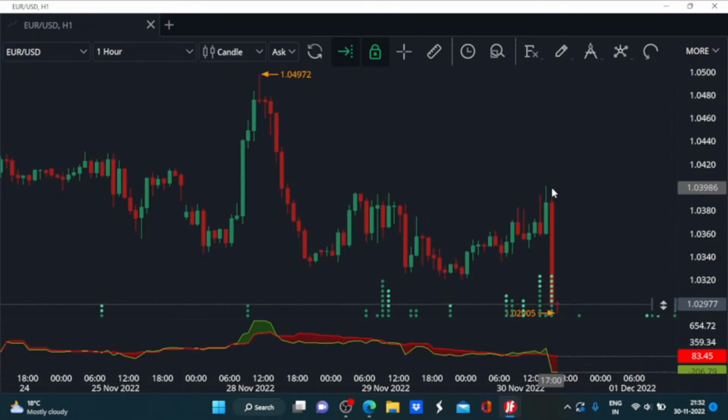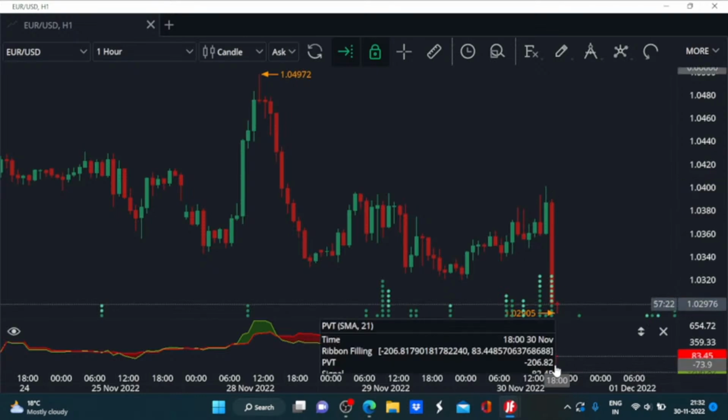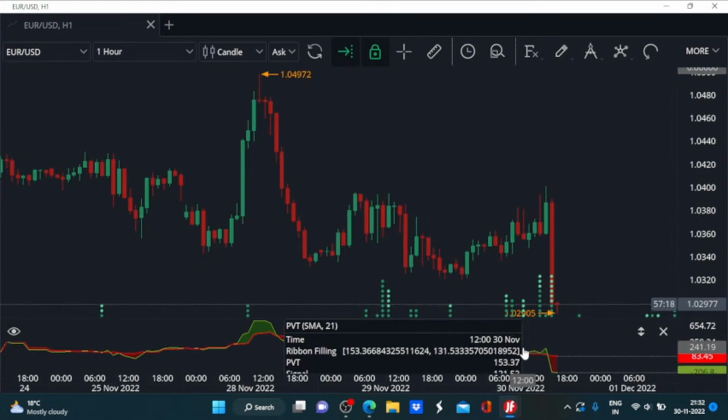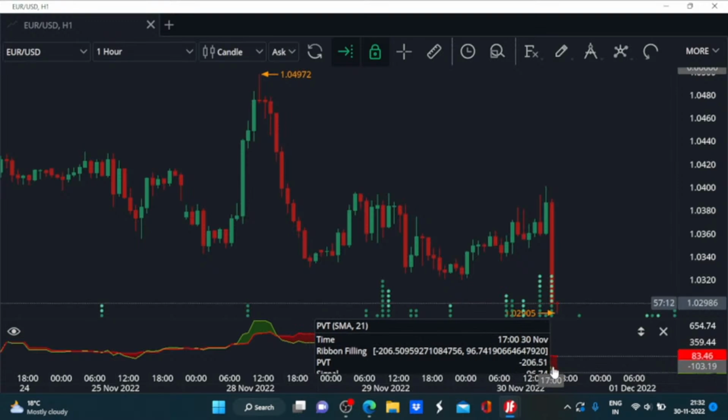If we look at the plotting of this indicator, you can see that there is a decline in this PVT output, which has now gone to negative 206.51 compared to the earlier prior reading of negative 231.67.